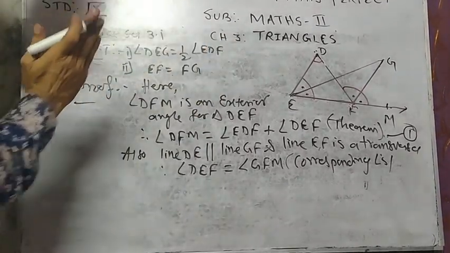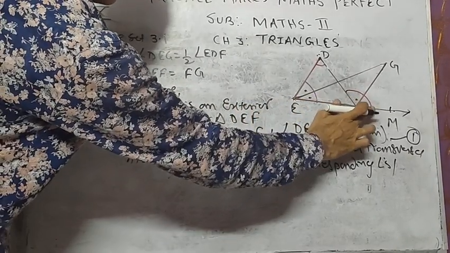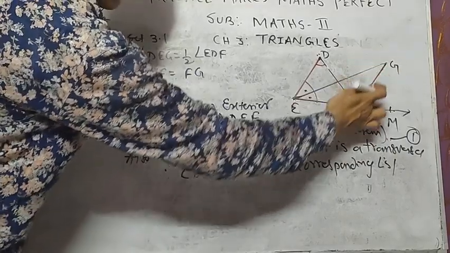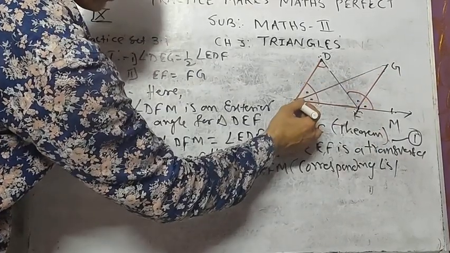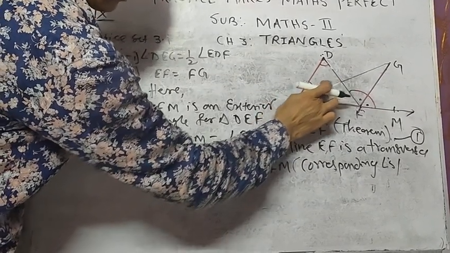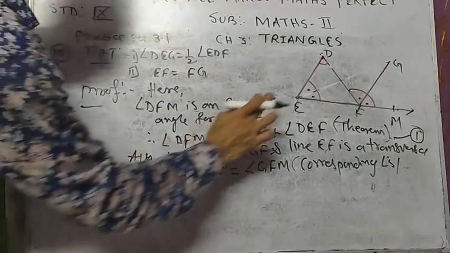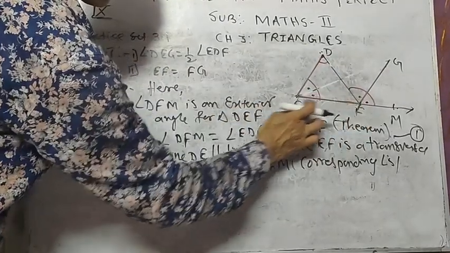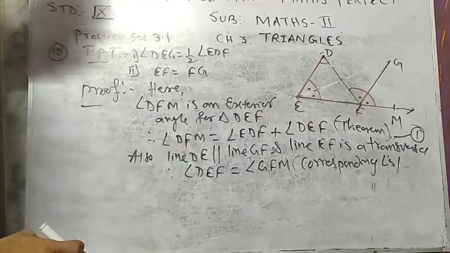See clearly, one angle is below the line, and here also one angle below the line we took, because these two lines are parallel. Forget this line for some time. These two are parallel, this is the transversal, one angle below the line, one angle below the line.